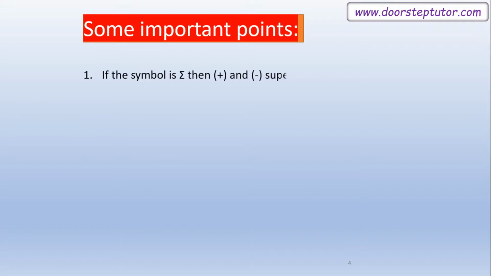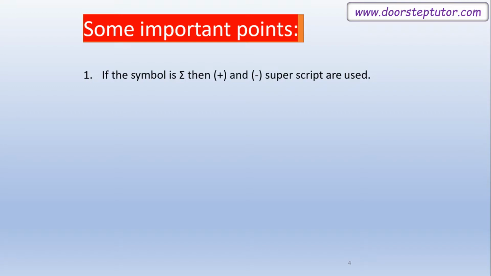The first point is, if the symbol is sigma, then we can write a superscript of plus or minus. Please remember students, only in the sigma case, where the lambda value will be 0, we represent it as a sigma letter.